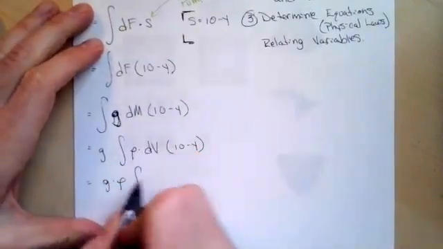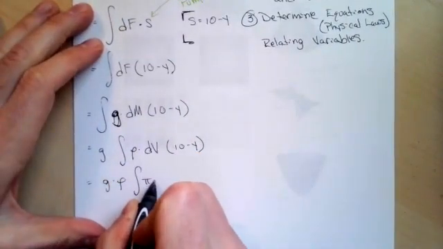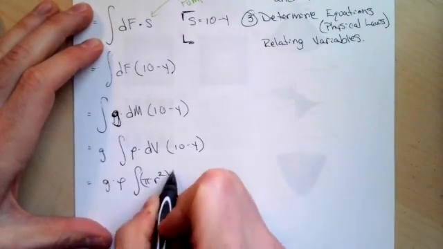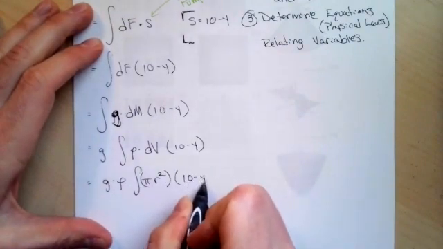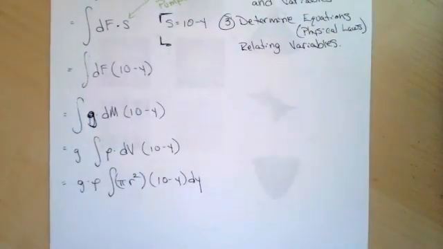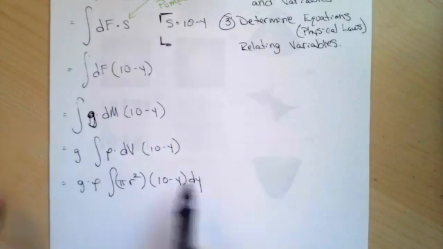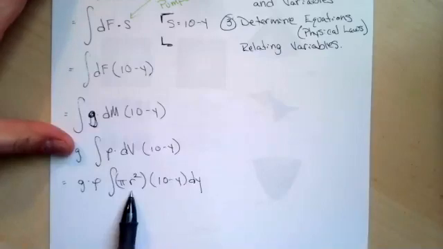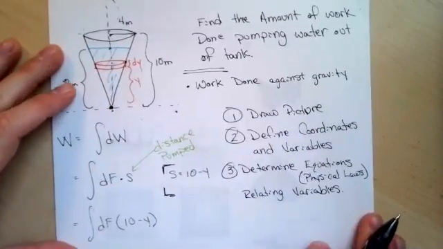So our dV is going to be pi r squared dy. I'll move the dy there at the end. And our last step, well, we need something for r in terms of y.